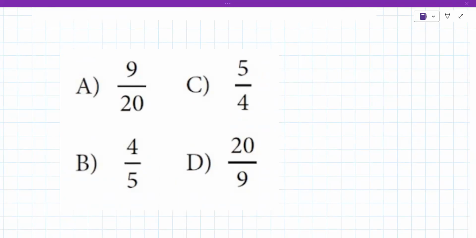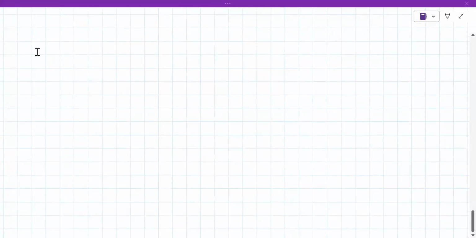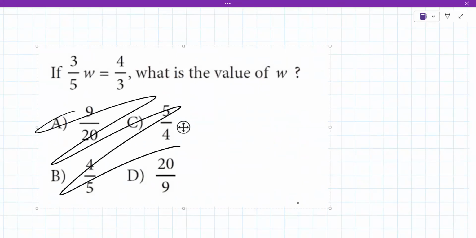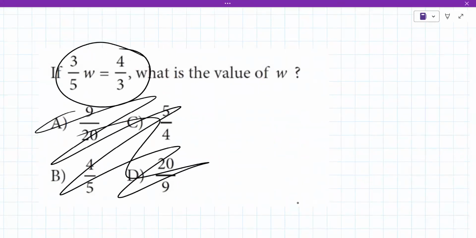If you are going to direct solve, sometimes it's good to do it by covering up the answers. You just try to not even look at them. You just say, okay, what do I do to solve this equation? That way you're not trying to match it to an answer without doing the work. So if you're truly going to direct solve, which is probably the right strategy here, try to do it without looking at the answers on your test. If it's in person, you can cover up the answers.